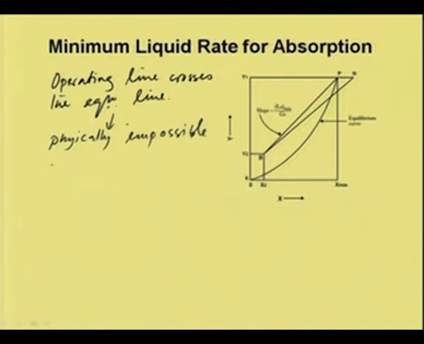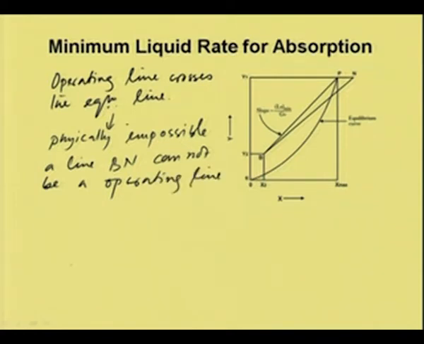So, a line like BN cannot be an operating line. This will not be the theoretical minimum liquid rate, since it crosses the equilibrium line. So, this is not physically possible.